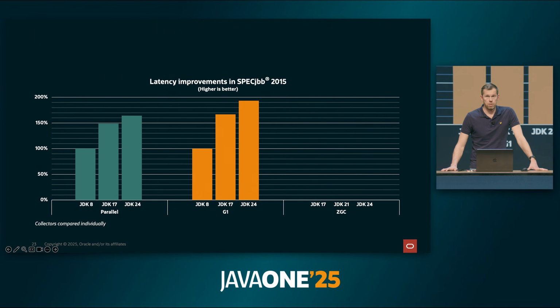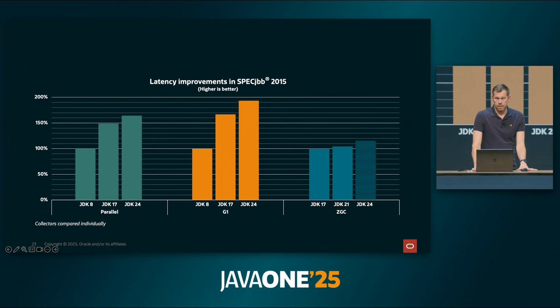For G1, the results are even greater, and we've seen almost a doubling in score going from JDK 8 to JDK 24. And still, the results are really, really good just going to JDK 17. And what we see here is basically the result of us cutting away so much of the work done in the GC process, or at least making it much more efficient.